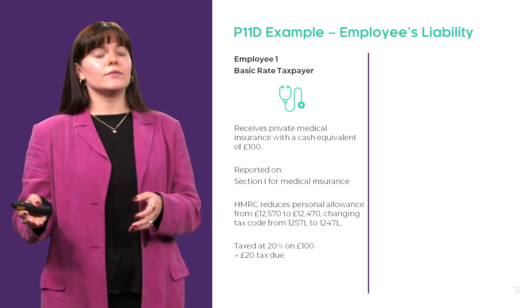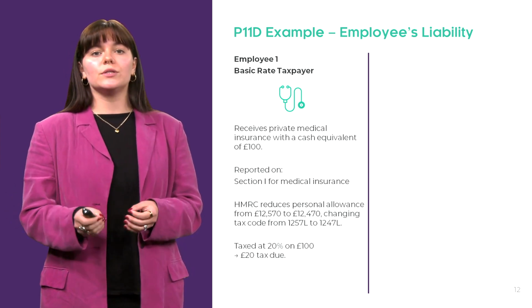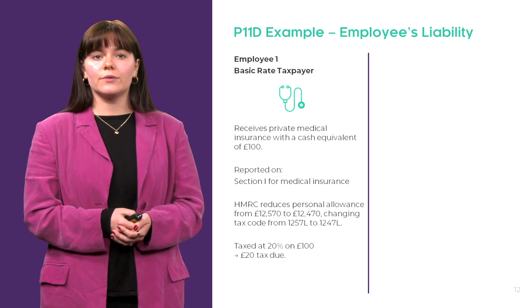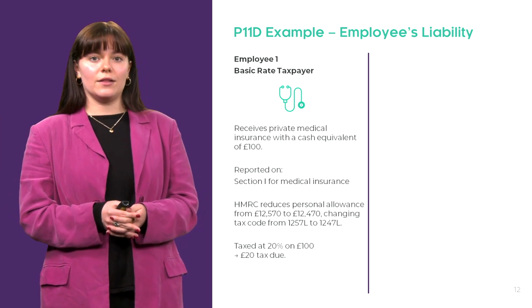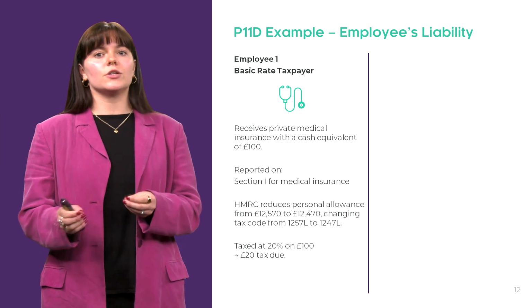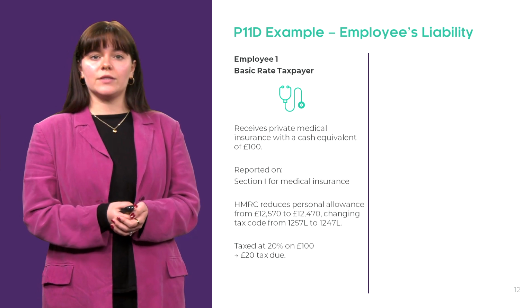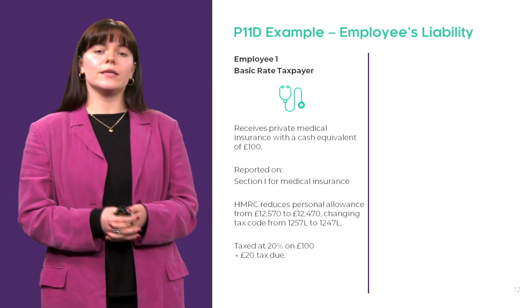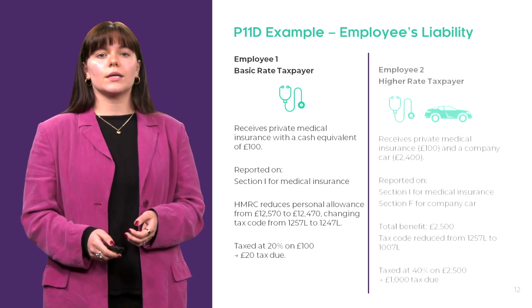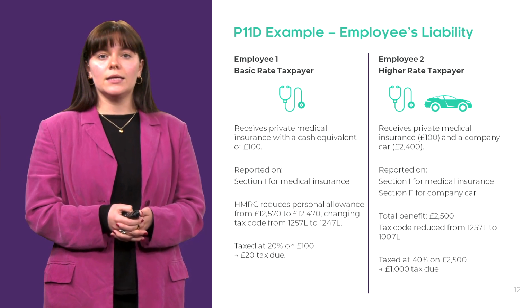HMRC will see the P11D submitted by the employer and adjust this individual's tax code by reducing their personal allowance by £100. This will make their tax code 1247L, and therefore they are being taxed on an additional £100 of their income, and this will be at their marginal rate of tax of 20%, so they will pay tax of £20 on this benefit.